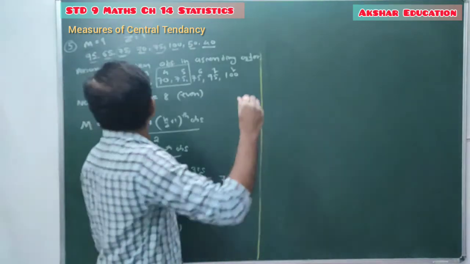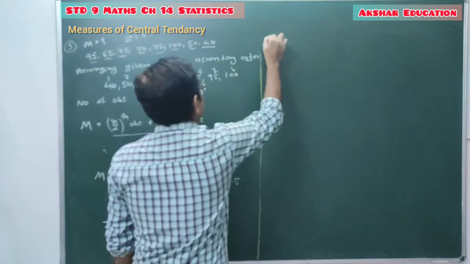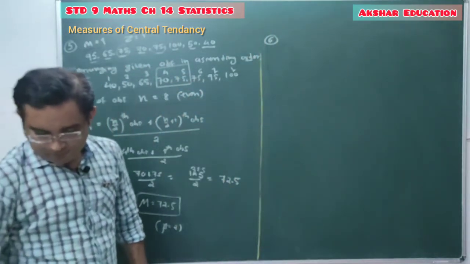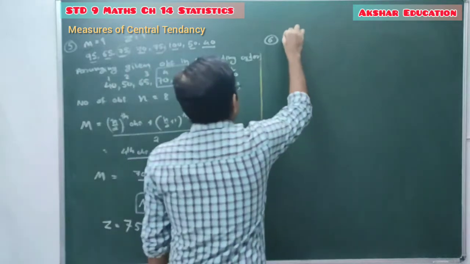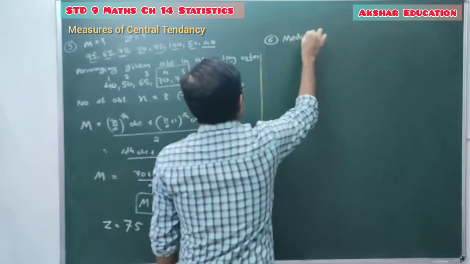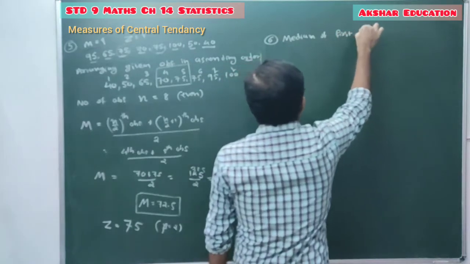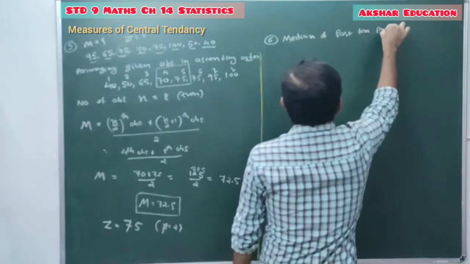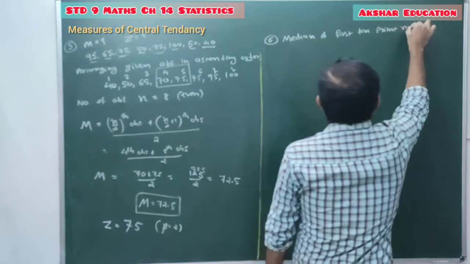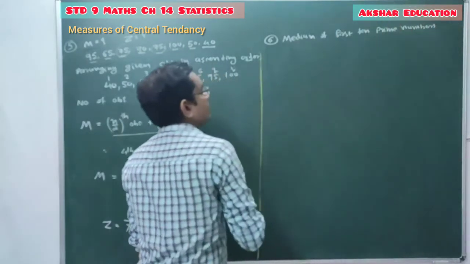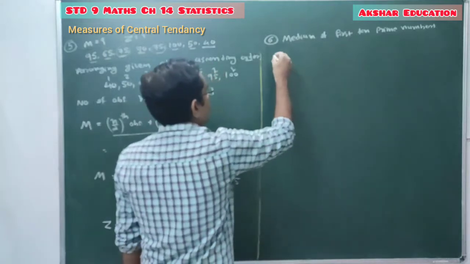Now the next question, number 6. Here you are asked to find the median of the first 10 prime numbers. So we have to write the first 10 prime numbers.